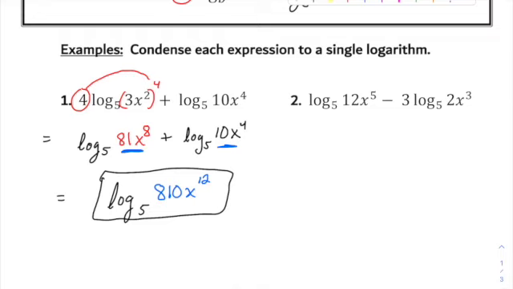Okay, so number 2, we are subtracting two logs with base 5, but I do want to look for coefficients first. The first log has a coefficient of 1, so we're good. The second log has a coefficient of negative 3. So I'm going to leave the negative there, and I'm going to take this 3 and use my power property and raise that argument to the 3rd power.